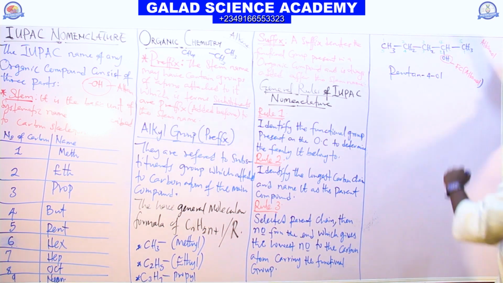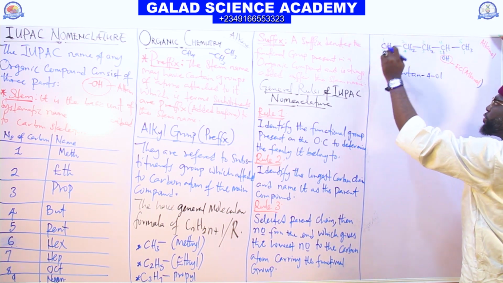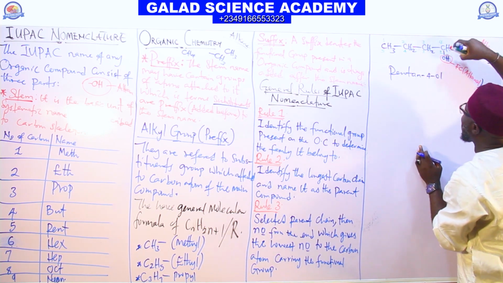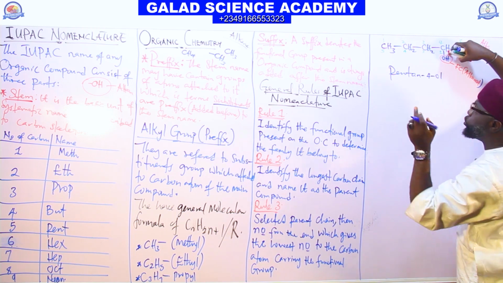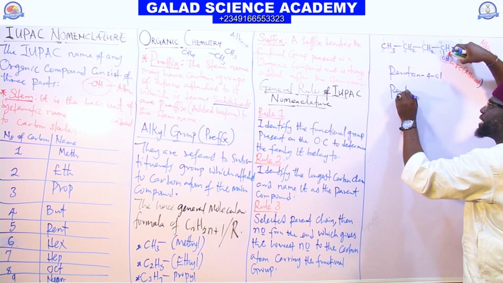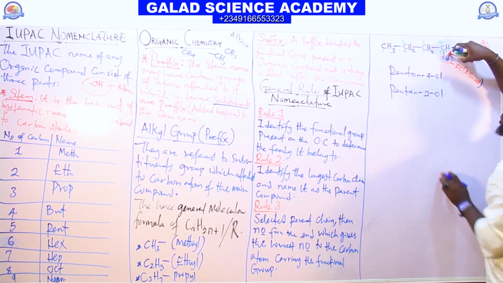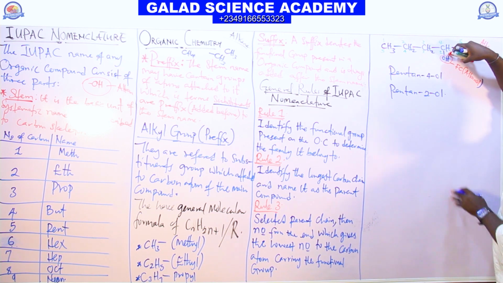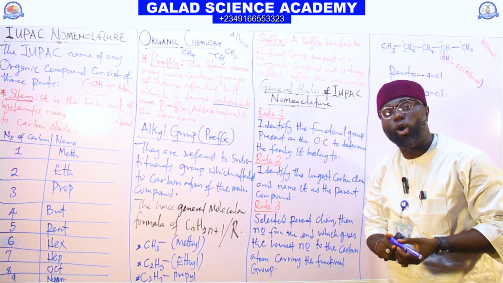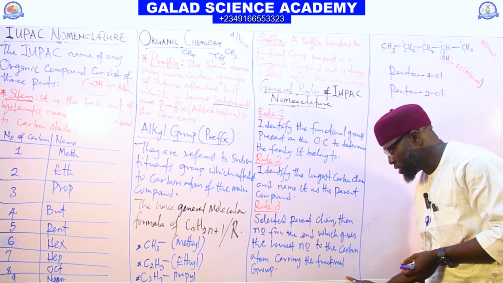But again, if we start from here, 1, 2, 3, 4, 5, from this side the OH can be found at which carbon? Carbon 2. So the name would be pentan-2-ol. So which of the two is correct? That is what rule 3 is telling us.